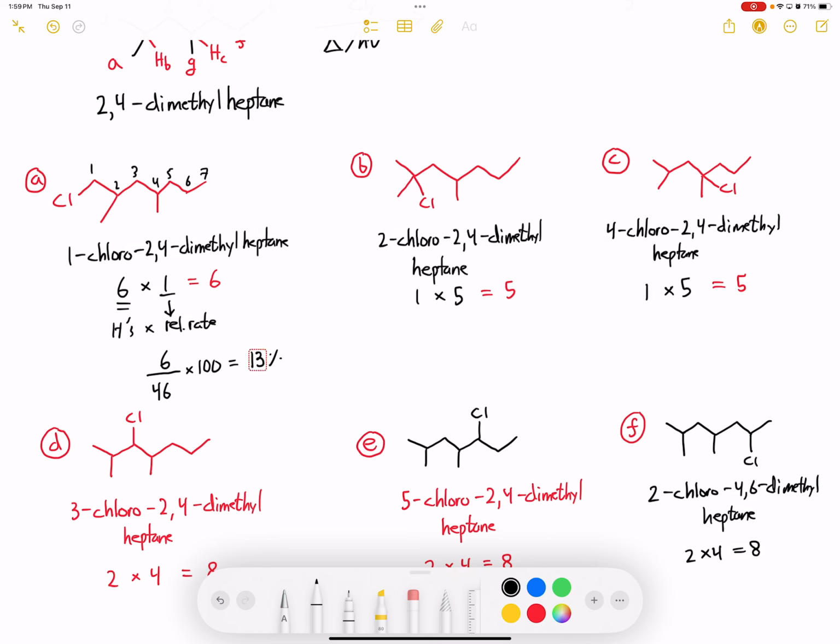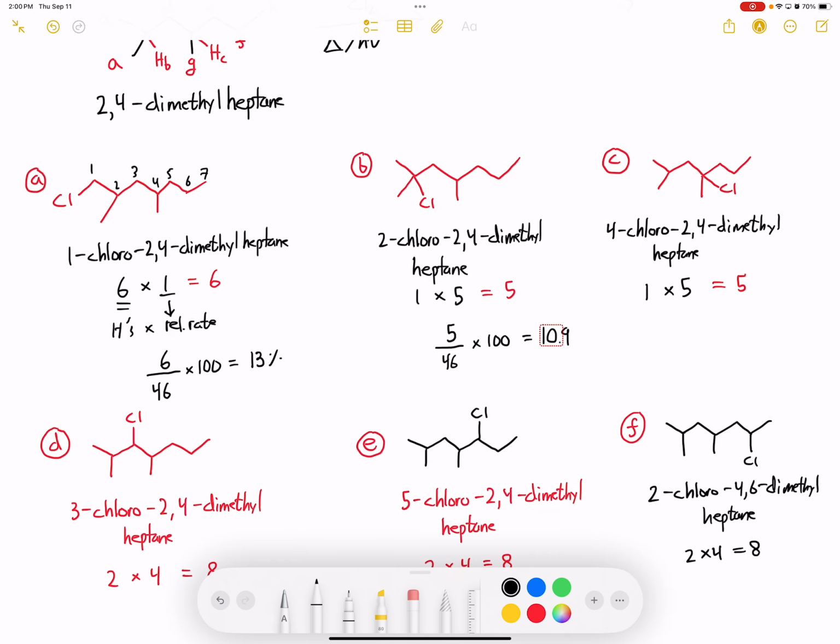All right, so you're going to take the H times relative rate ratio and divide it by the sum of all those ratios we just determined, okay? So A is 13%. Now let's do B. The only difference here is you just have the different starting value, over 46 times 100. So B here is 10.9%.